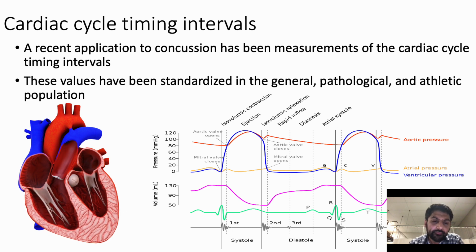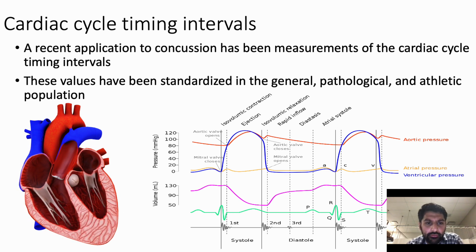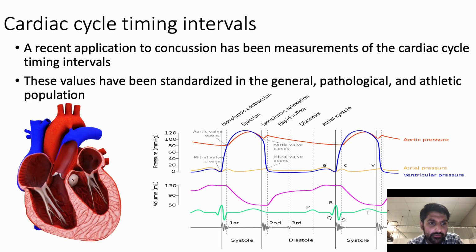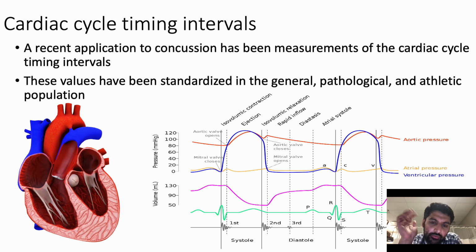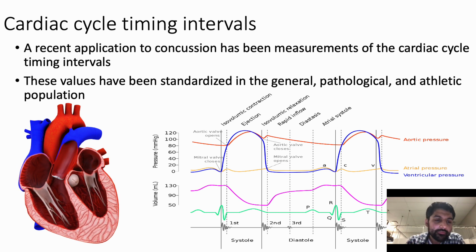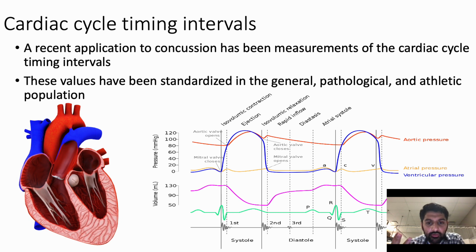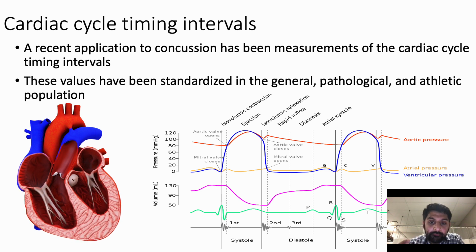Once you get something called a mitral valve closure, so that's this valve right over here, the valve between the left atrium and the left ventricle, there's so much blood that's been pulled into the left ventricle that, along with the electrical rhythm, it starts to increase pressure.